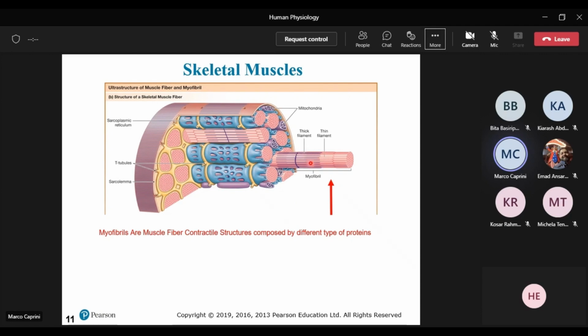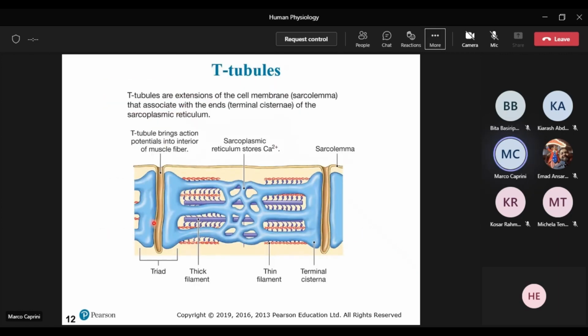And as you probably know, the contraction of a skeletal muscle is due to these two filaments, thick and thin filaments. It's not like an elastic. Okay, it's just filaments that move one into the other. Okay, we will see. The T tubules here, you can appreciate here the triad. Okay, T tubules and two terminal cisternia, here and here.